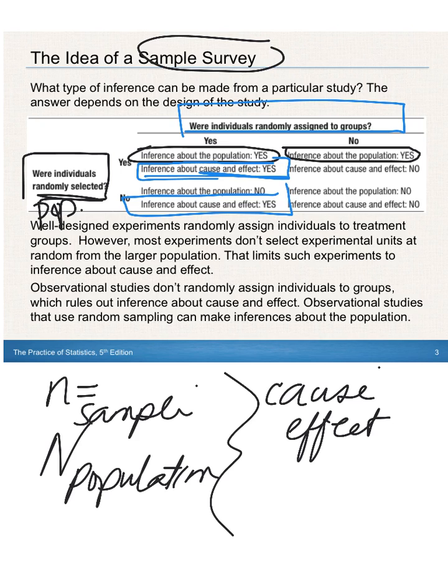So the only time we can infer cause and effect is when individuals are randomly assigned to groups, and of course we also have to have controls and all that kind of stuff. But this is a good way of looking at it, and go ahead and read this stuff as well.